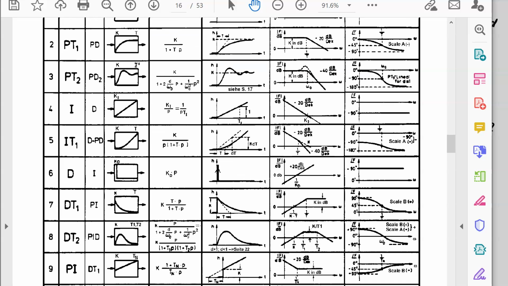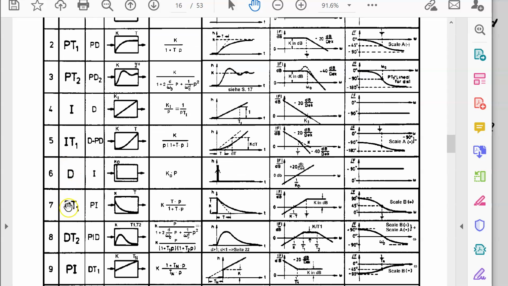Okay, now we go to the section of the D blocks, 6, 7, 8. The D block has positive 90 degrees, could lead to very high omega D values, high speed. The DT1 also has positive values going to 0, and the DT2 positive 90 going down to negative 90, depending on the position of omega D, faster or slower.